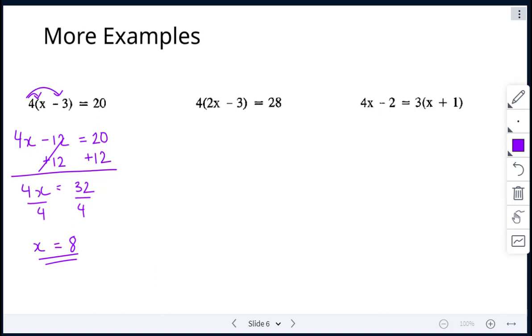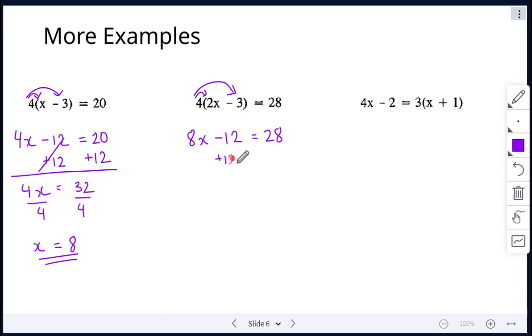For our next example, we have a 4 again on the outside of the bracket, so we have to multiply that to everything inside the bracket. 4 times 2x gives me 8x, and then 4 times -3 is -12, and that equals 28. Now it looks like a type 2 equation.